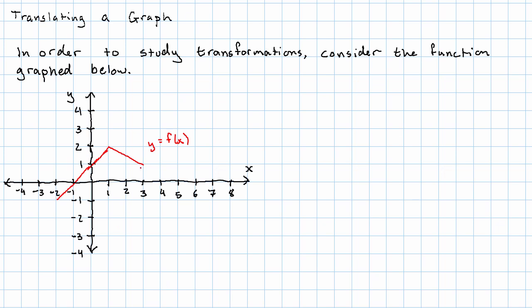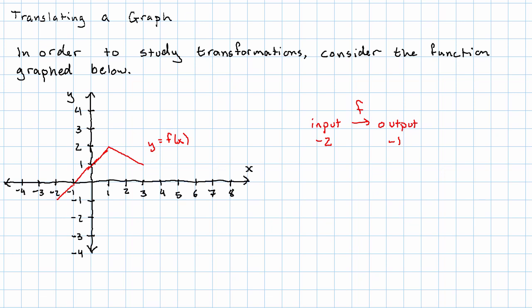So suppose this red line is the graph of some function y equals f of x. We don't know a formula for f, but we can make a simple input-output table for it. We see the point -2, -1. So if the input is -2, the output is -1.